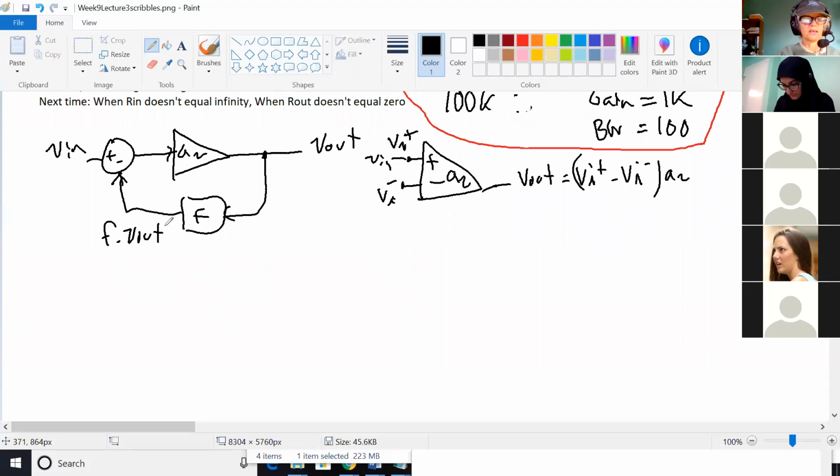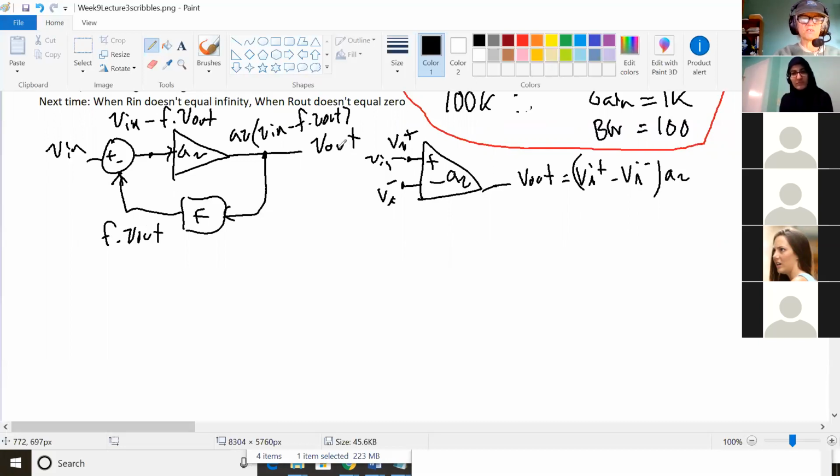And then, since that gets subtracted from V in, the voltage at this node is V in minus this thing. And then the output of this amplifier right here is this times AV. So what you get is AV times (V in minus F V out).